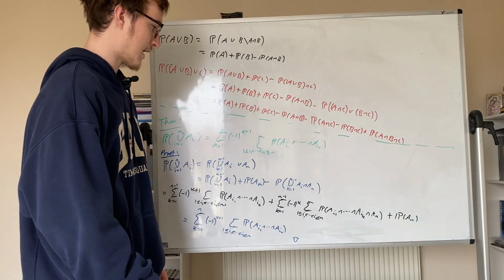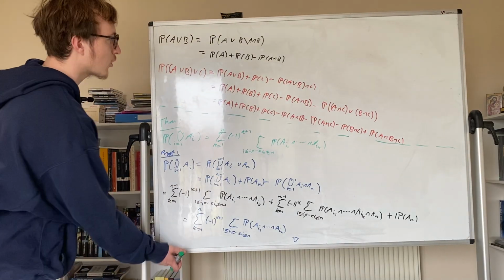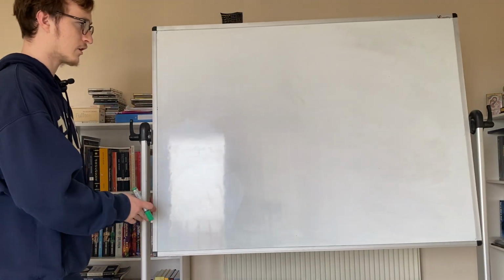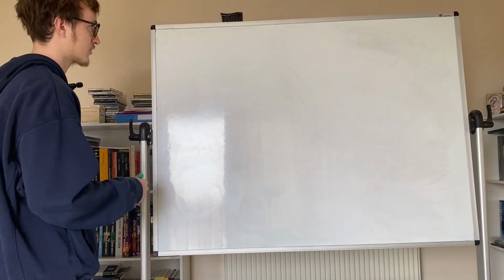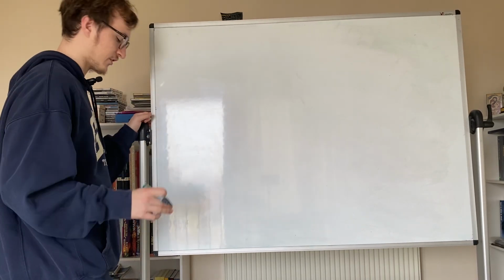And just to top this all off, you may be familiar with the following version of inclusion-exclusion, which doesn't talk about probabilities, but talks about the size of the sets.